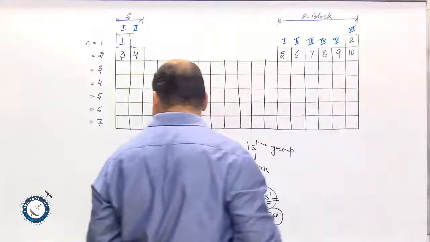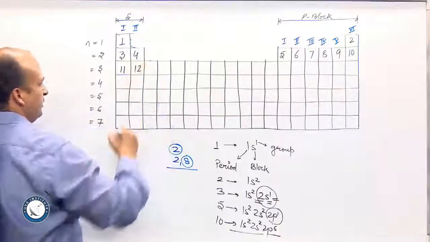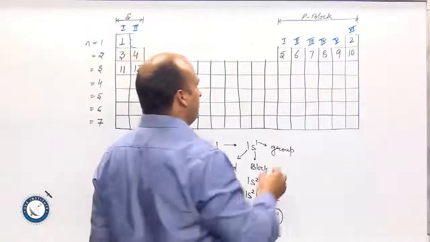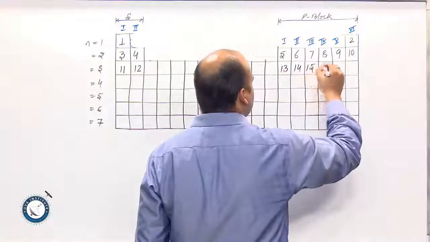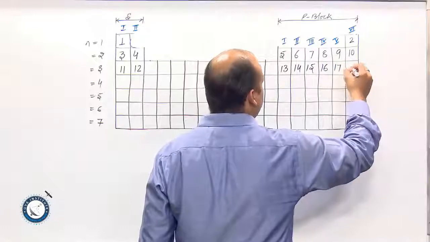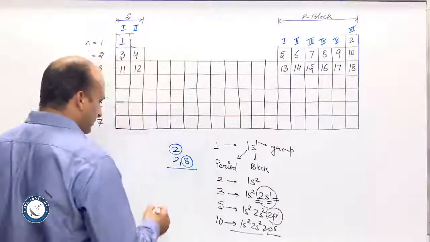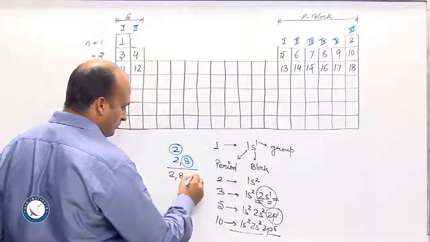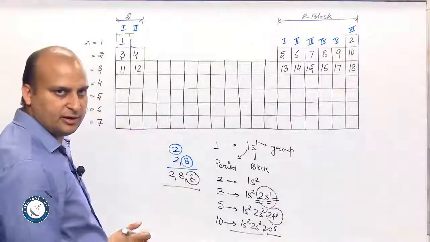So now I start with atomic number 11, which is 3s1, 12 is 3s2, 13 is 3p1, 3p2, 3p3, 3p4, 3p5, 3p6. Please check 18. Octet is complete, right?